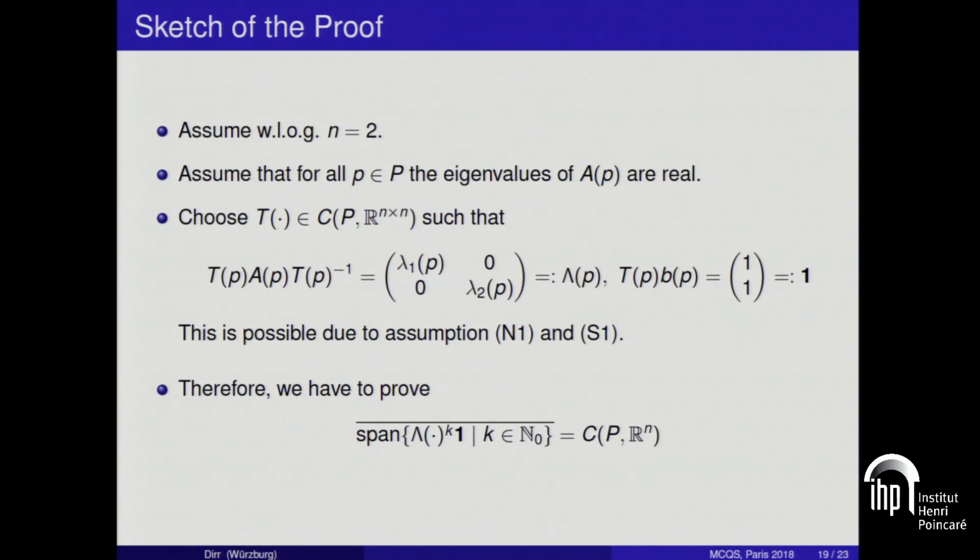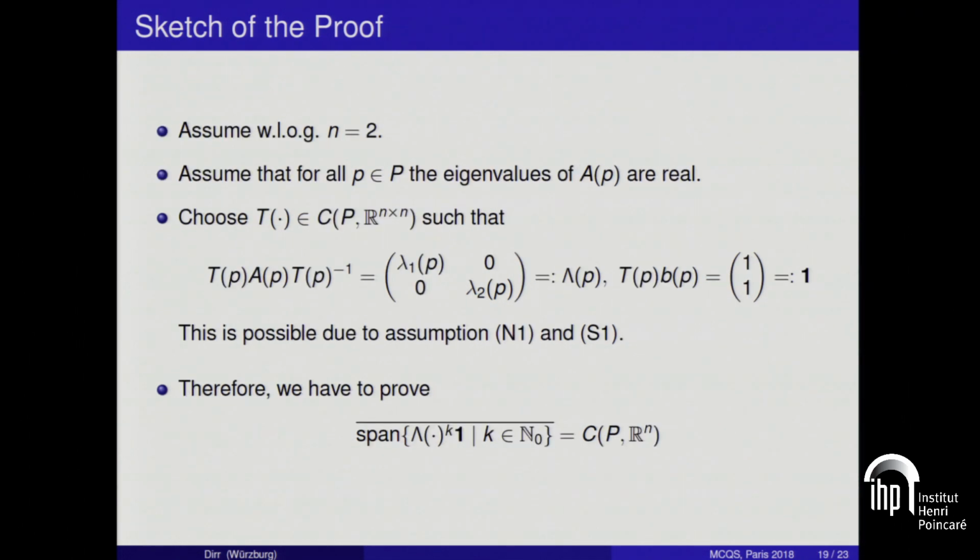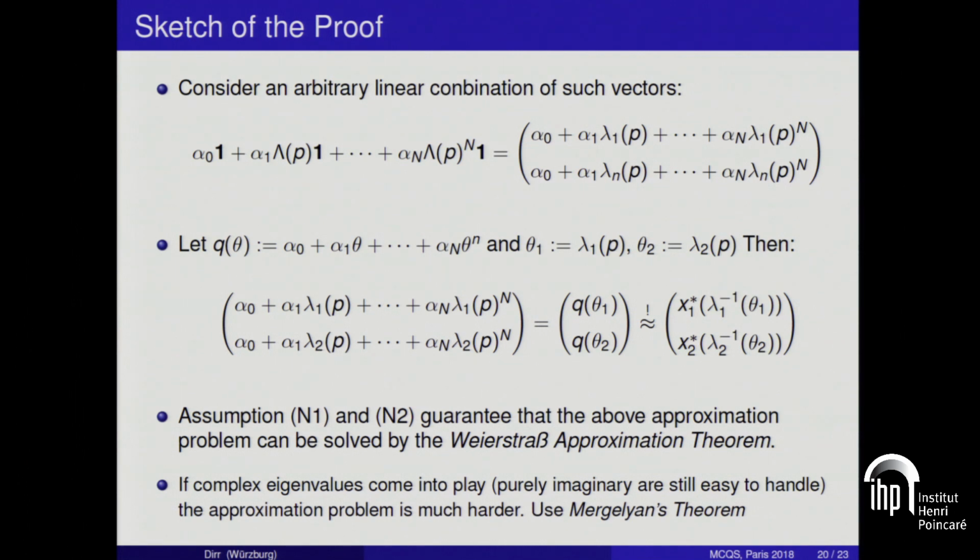Now we have to compute the span of this transformed system, and we have to check that this span gives you the entire state space. So now consider a linear combination within this space. A linear combination in this space looks like this, so you can write it like this.